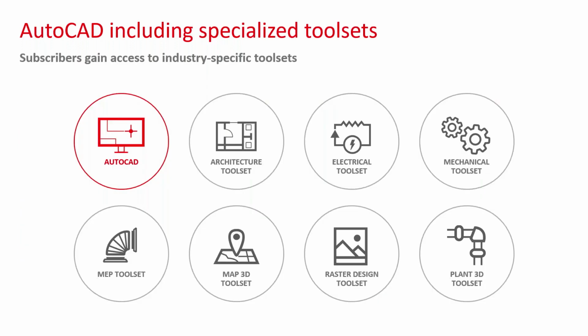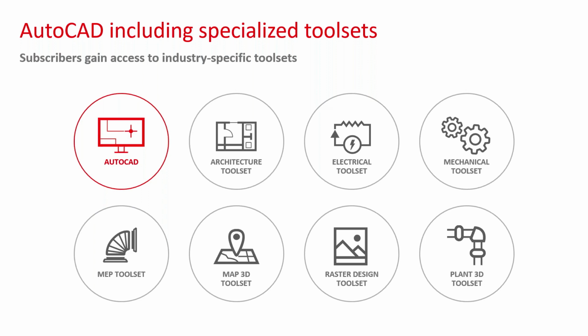Now, one of the things that you will find now is if you sign up for an AutoCAD subscription, you don't just get AutoCAD. You also gain access to industry-specific tool sets. So you don't just get AutoCAD, you get these 7 specialized tool sets as well. So you get architecture, electrical, mechanical, MEP, map 3D, raster design, and plant 3D as well.